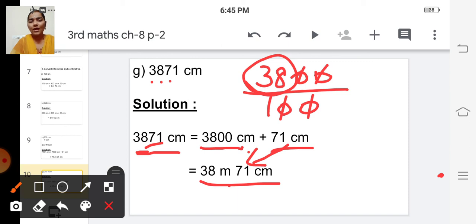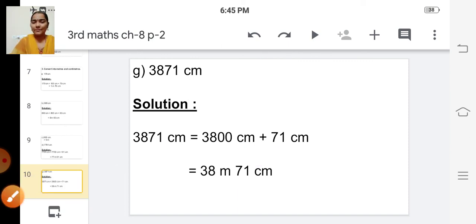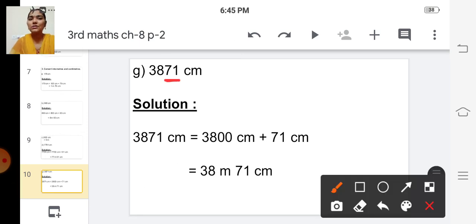Okay. And one quick tip is there. What is that? Suppose if we are going to convert only centimeters into meters and centimeters, then the last two digits will be the centimeter and the remaining will be the meter. Okay, this is the one quick tip.